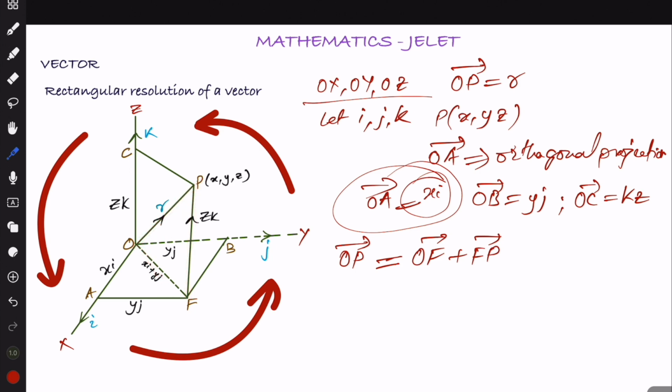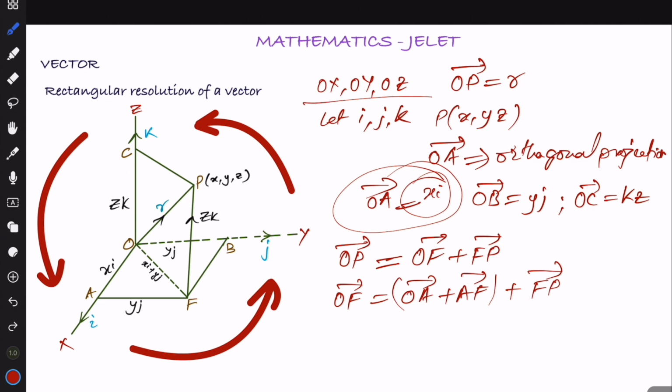Therefore vector OP is equal to OF plus FP. Again, vector OF is equivalent to vector OA plus vector AF.